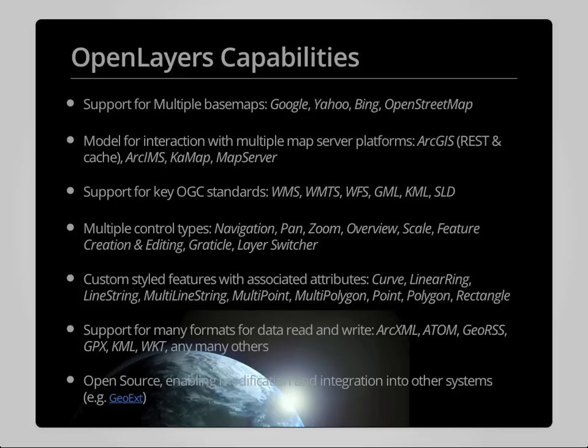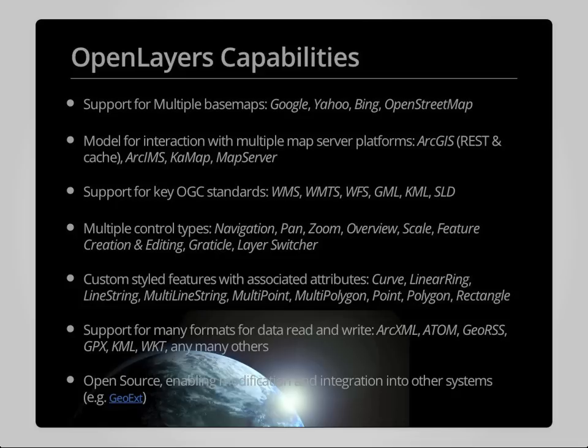There's the ability to add a graticule to the map image that provides another frame of reference in terms of the broader coordinate reference system and grid that the map is situated within. And there's also a control for allowing the user to select which layers should be visible within the map, and that's known as the layer switcher.